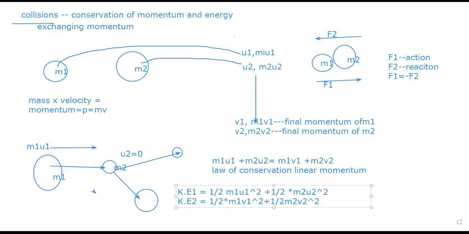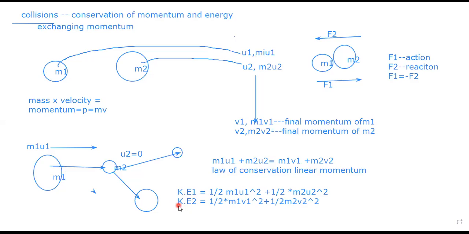So during the collision, if you observe the momentum, it must be constant. This is constant during any type of collision. But the kinetic energy may or may not be constant.